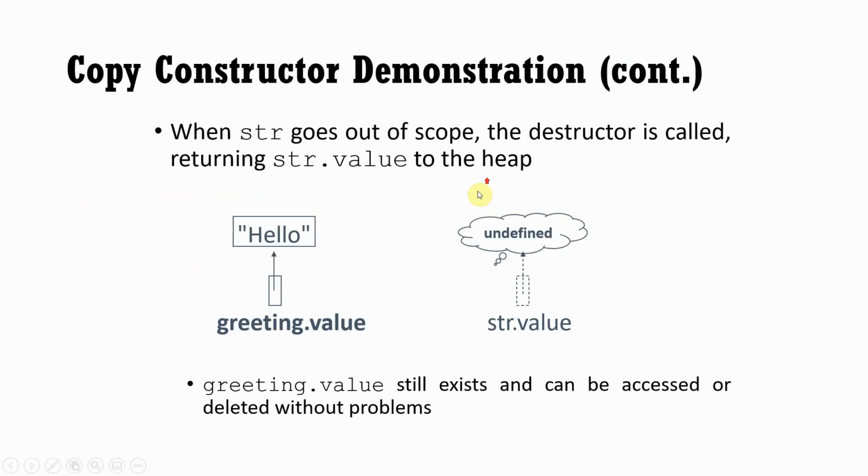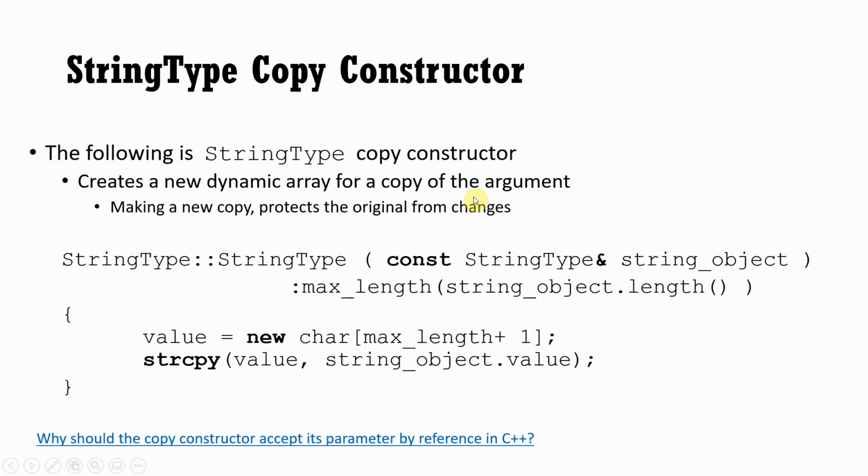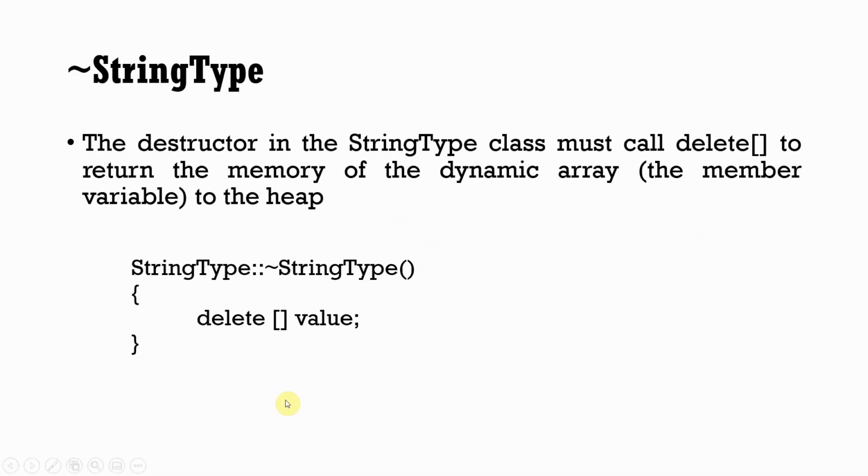So here in this example, we knew that because we have dynamic memory, we need to define our own destructor, right? We realized that we need to define our own destructor, otherwise we would have a memory leak.